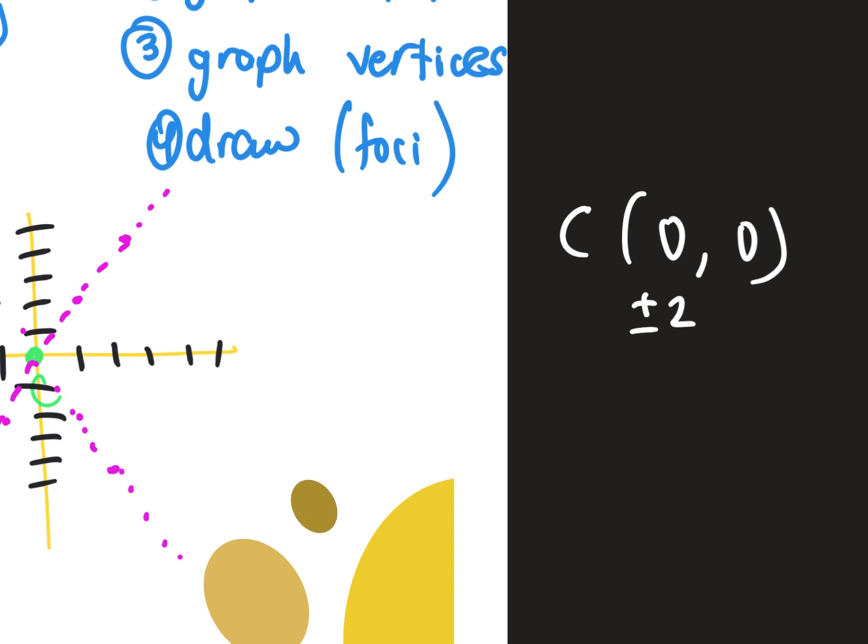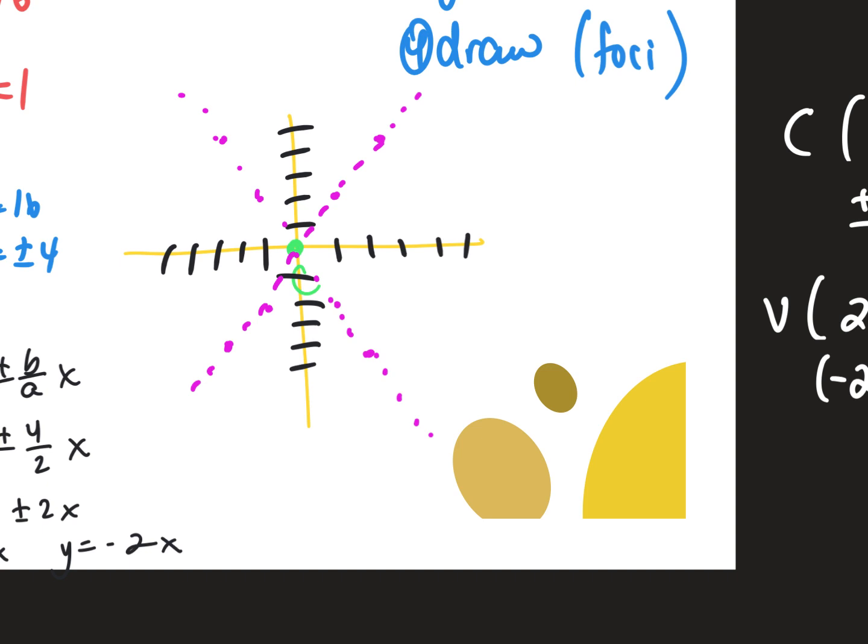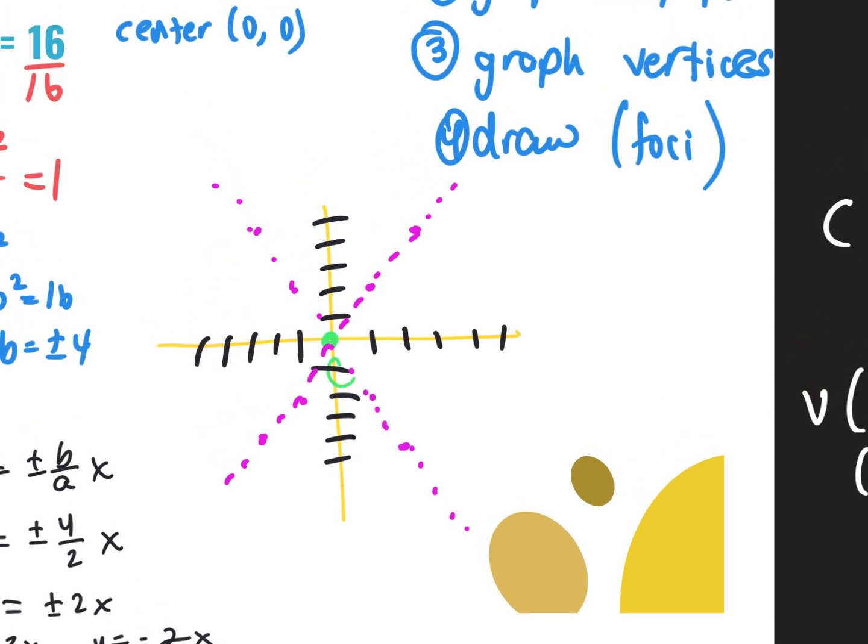That's so smart because you actually are seeing. It's so easy to make a silly mistake here. So your vertices end up being at 2, 0 and what? Negative 2, 0. Perfect. So go ahead and put those on there. So I'm going to go to 2, 0 and negative 2, 0. There are my vertices, your A value.